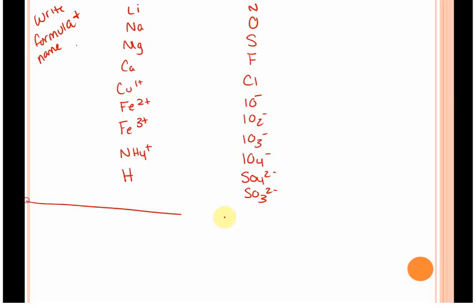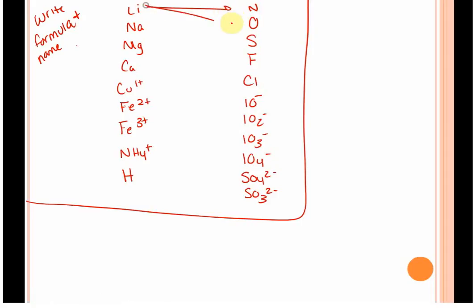All right, so here's the first part. I don't want you to pair lithium with nitrogen and sodium with oxygen. I want you to pair lithium with nitrogen, then lithium with oxygen, then lithium with sulfur, then lithium with fluorine, and then I want you to do the same thing where you go all the way down and do as many combinations as you can for all of these.